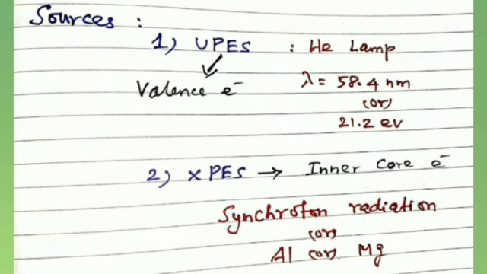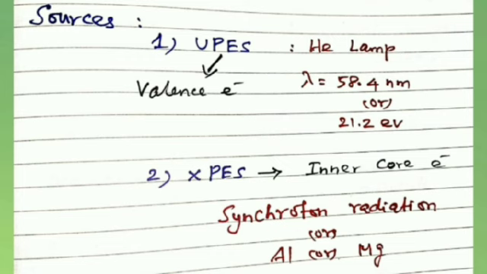UV photoelectron spectroscopy is used for the excitation of valence electrons. And in XPES, that is X-ray PES, a higher energy is required to ionize inner core electrons, for which an X-ray source is used, and it is known as XPES.